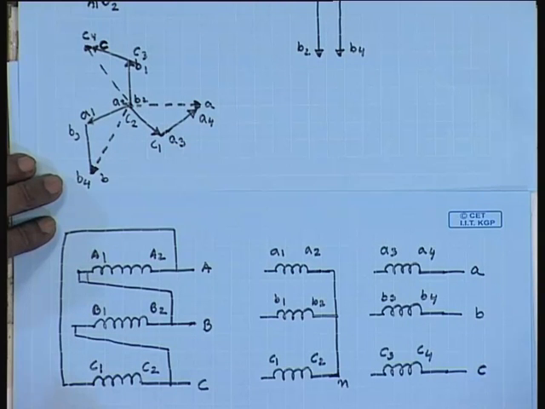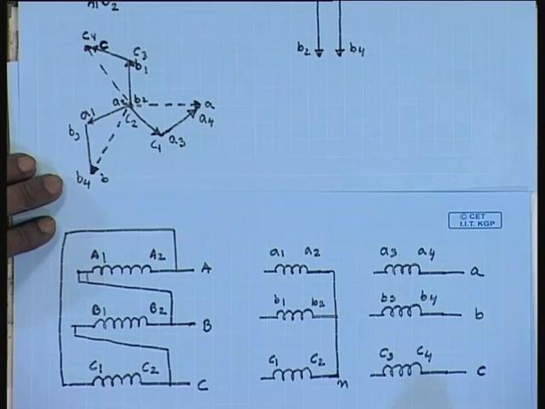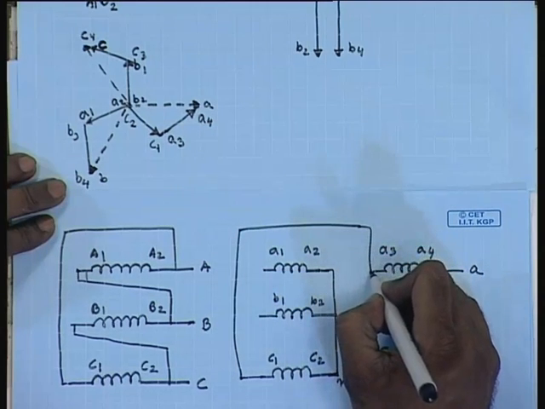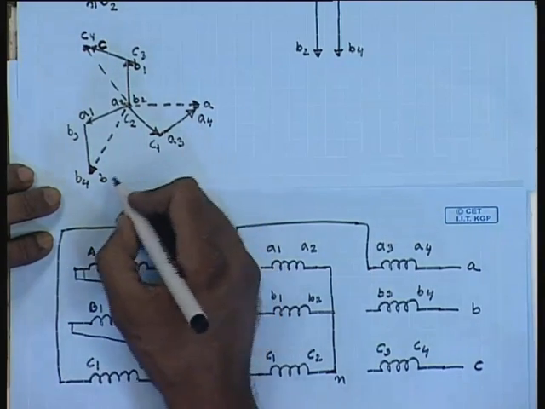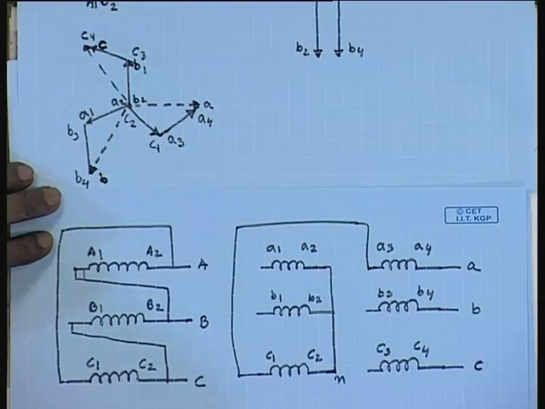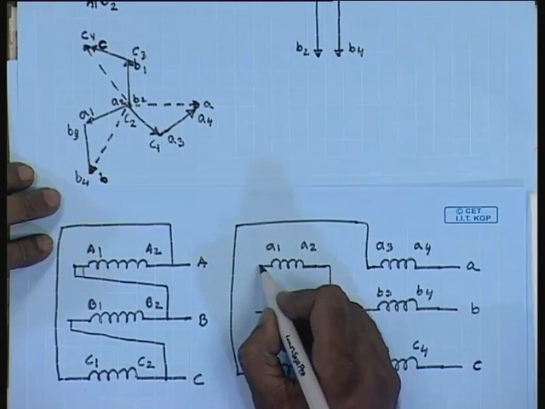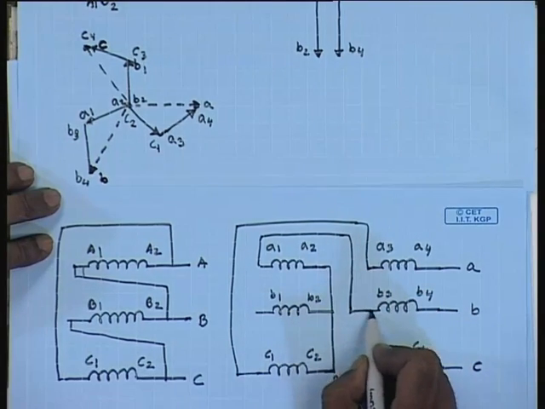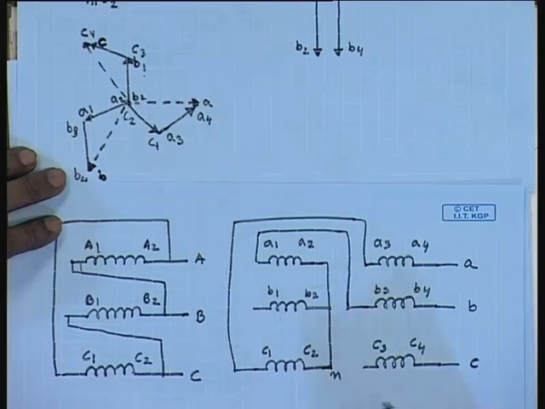Inside we find that C1 should be connected to A3, similarly A1 should be connected to B3, and B1 should be connected to C3.